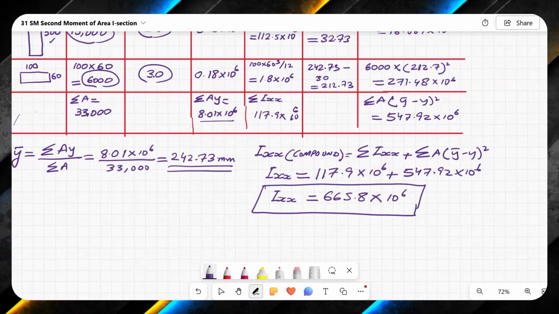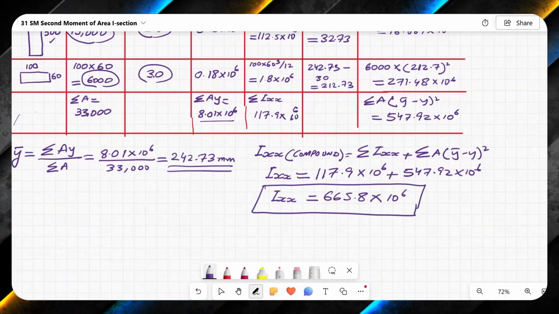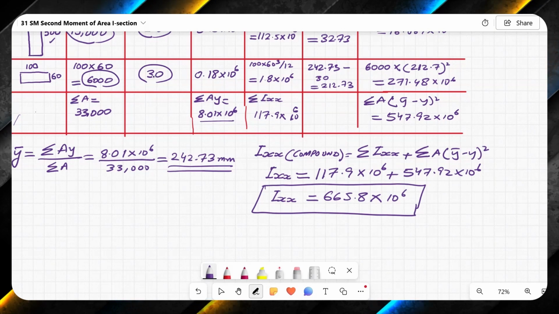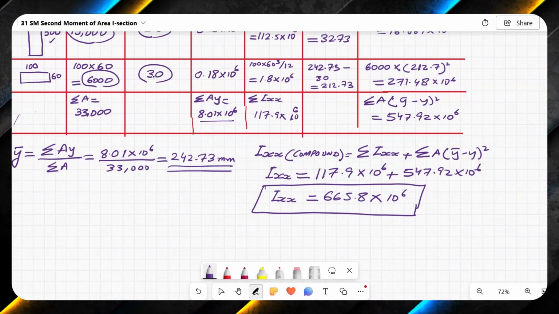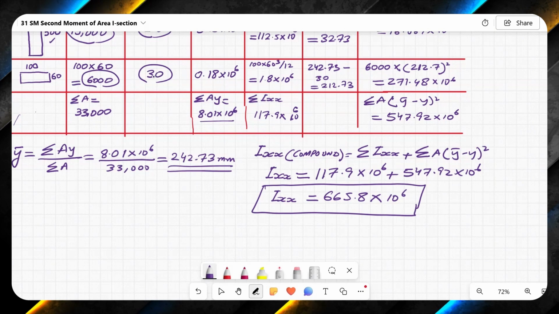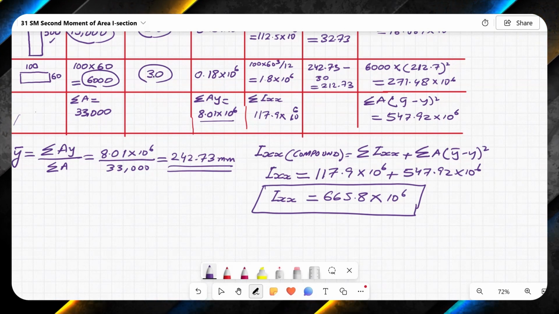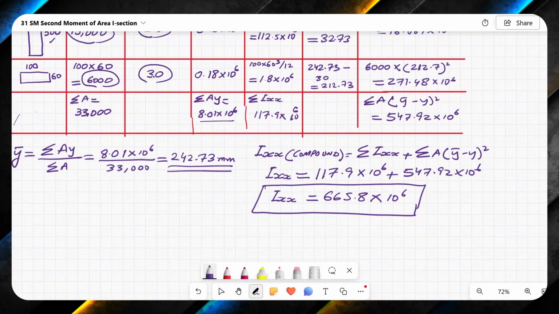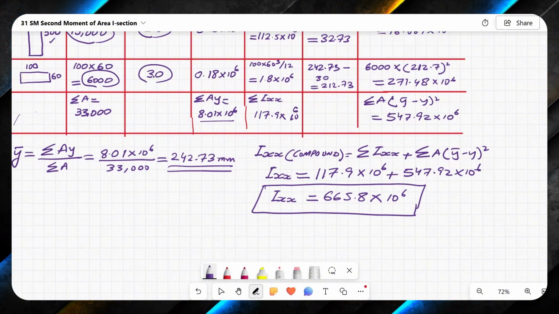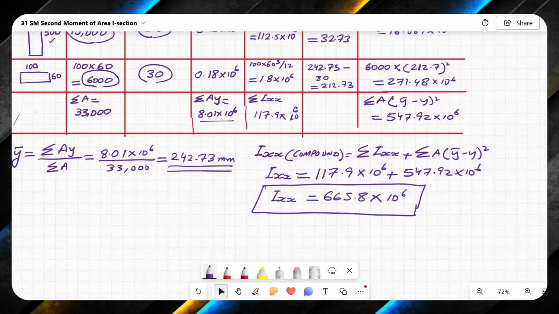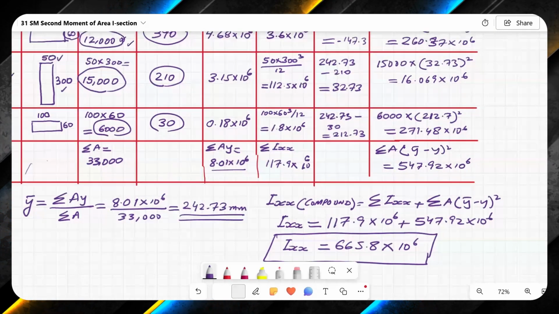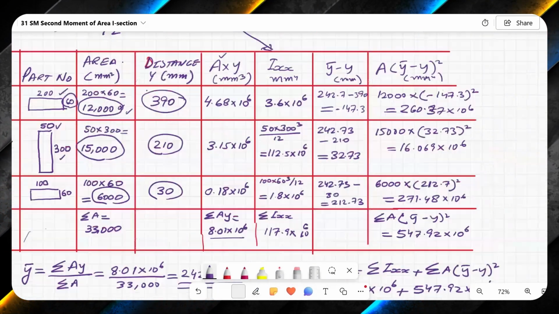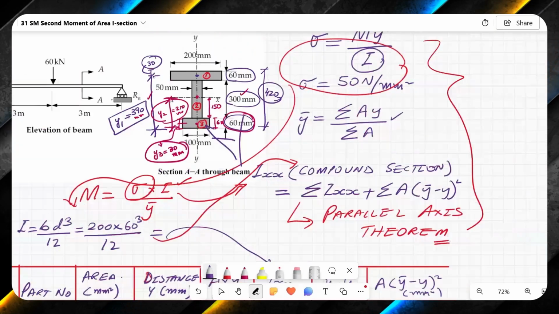Now I have distance from centroid, and now I have Ixx or I. From here, I can work out the moment of resistance top and moment of resistance bottom. Before I do that, this Y bar is distance from bottom. How about distance from top fiber? So we need stresses in top fiber and stresses in bottom fiber.